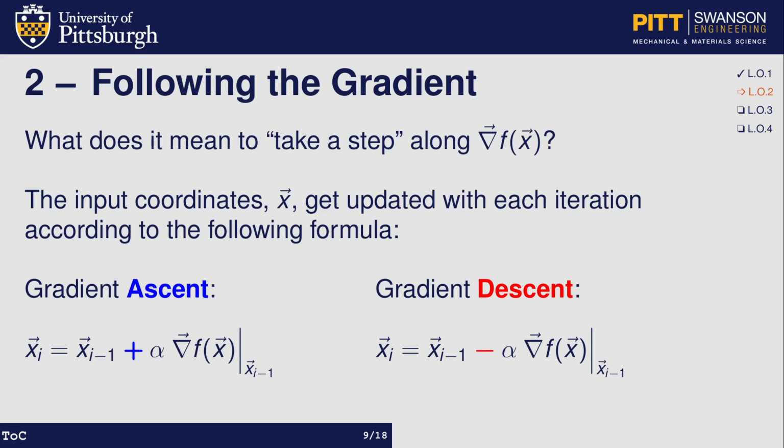And for gradient descent, that plus turns into a minus, meaning that rather than going with the gradient, you go against it, meaning you're minimizing the function. In both of these cases, x of i represents the location of your coordinates in the current iteration, and x of i minus 1 is the coordinates in the previous iteration.